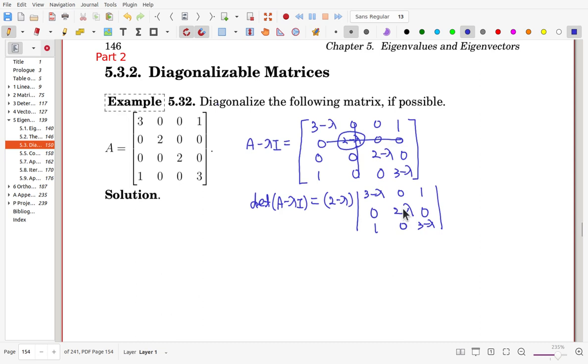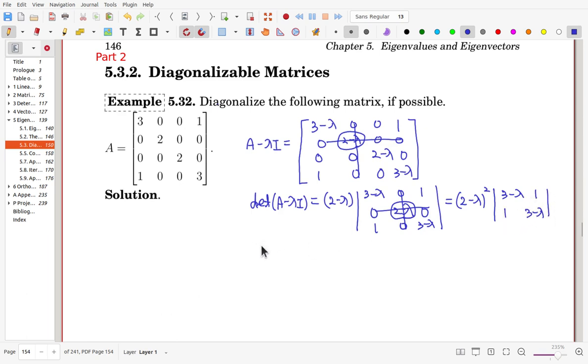Again, we'll use cofactor expansion along the row, these times the determinant of the remainder. That will be 2 minus lambda squared, and the sign is minus 1 to the 2 plus 2, and the submatrix is 3 minus lambda and 1, and 1, 3 minus lambda.